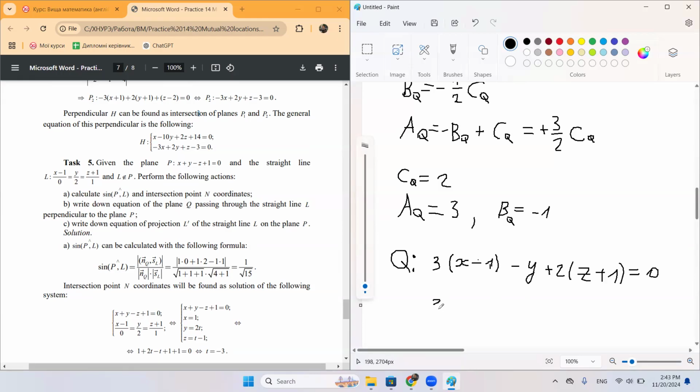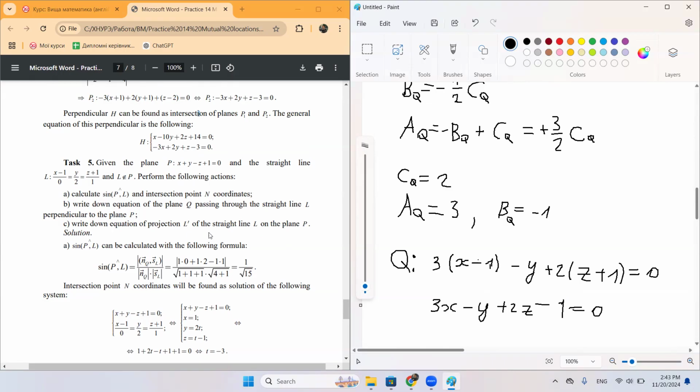If we expand, 3x minus y plus 2z equals, 2 minus 3, so minus 1 equals 0. And this is the equation of the plane Q.